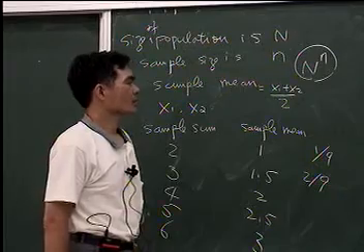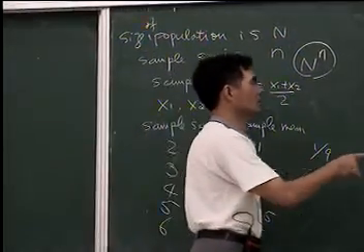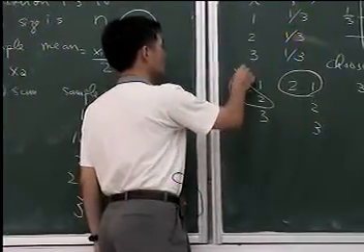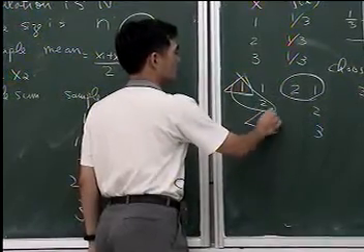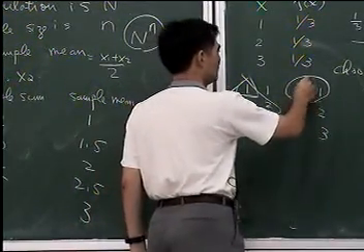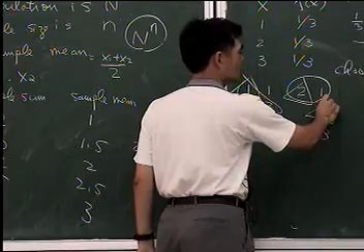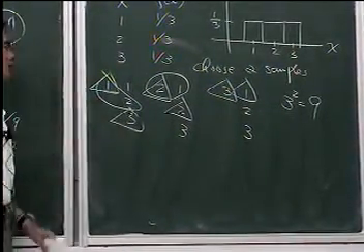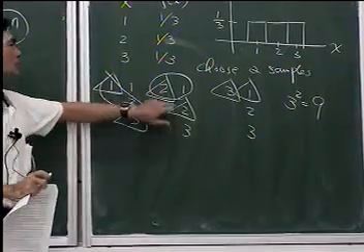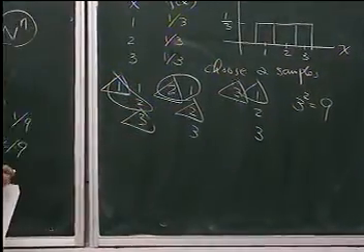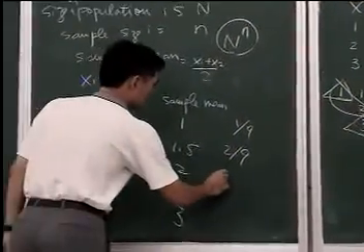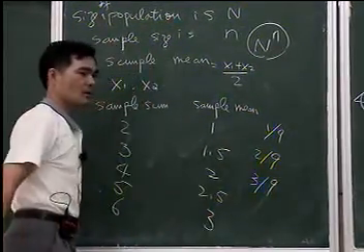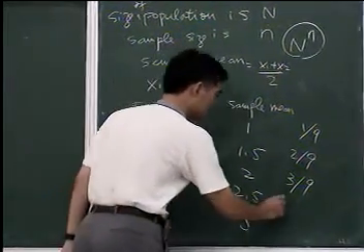Then it should be 4 now, right? 4 is here, okay? And then 4, right? And then 4, okay? So you have 1, 2, and 3. So you have 3 possibilities there, okay? The same thing, you should be able to check it, okay?